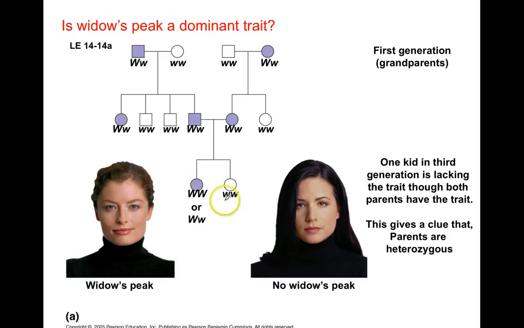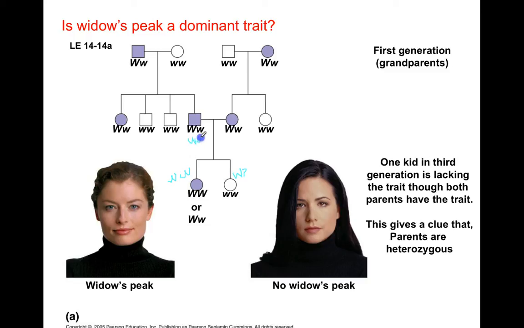If it was the other way, you saw that widow's peak is not a dominant trait, it is a recessive trait. And when you put little w here for yourself, then sister will be big W, we do not know what. Then your parents have to be little w, little w.